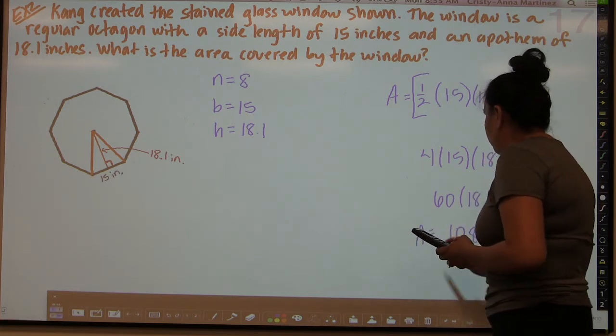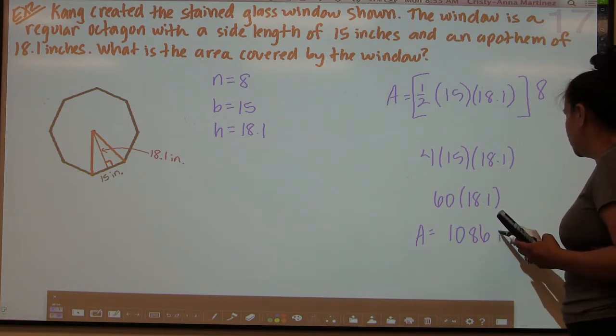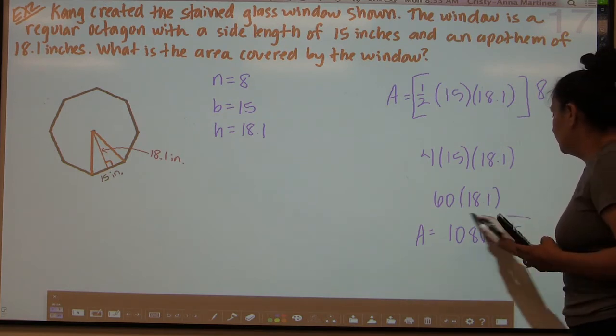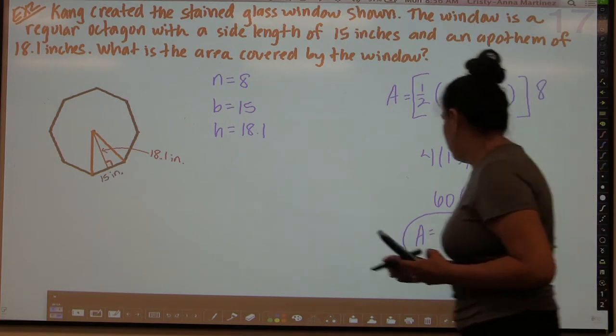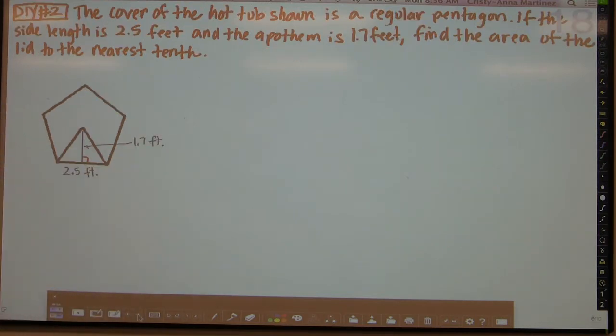So the area of this stained glass window is 1,086 square inches. And there you go. So now we're going to ask you to do a similar thing with this one here.